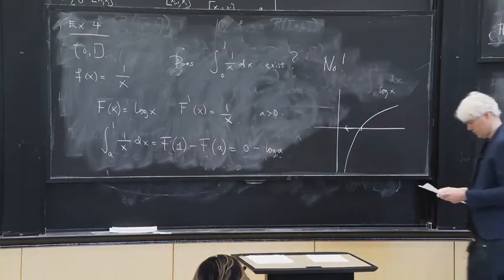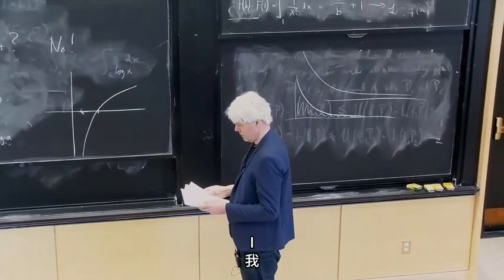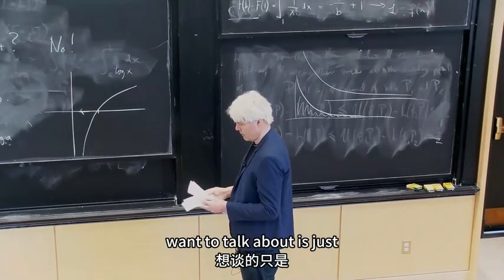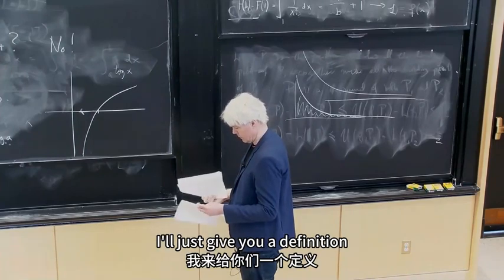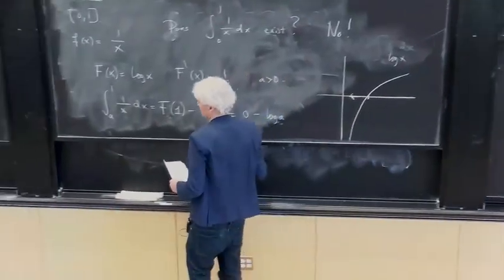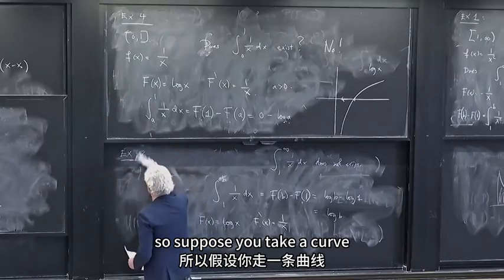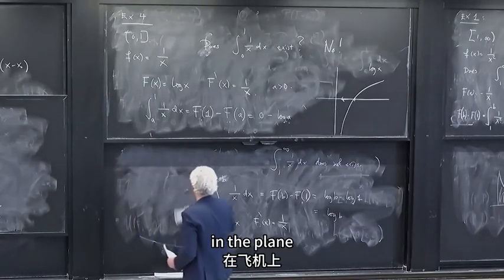Okay. And so the very last thing I want to talk about is I'll just give you a definition. So this is arc length. So suppose you take a curve in the plane.